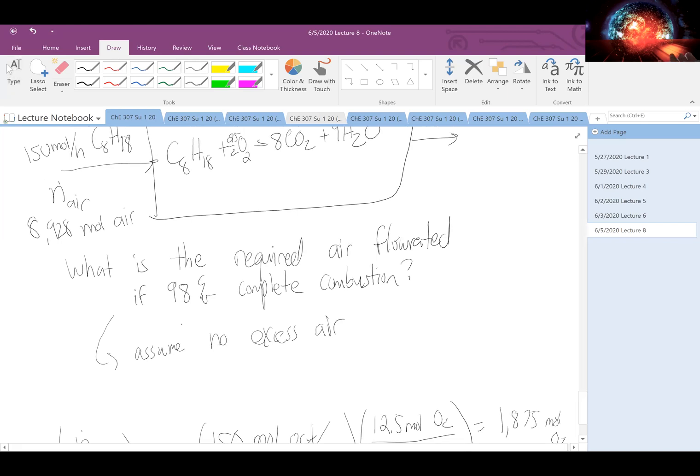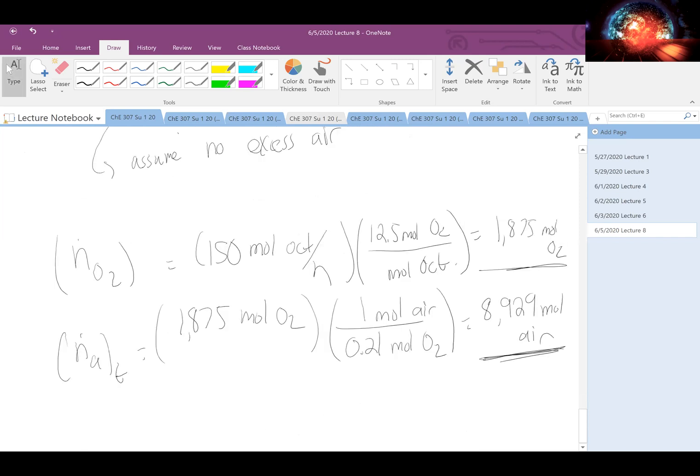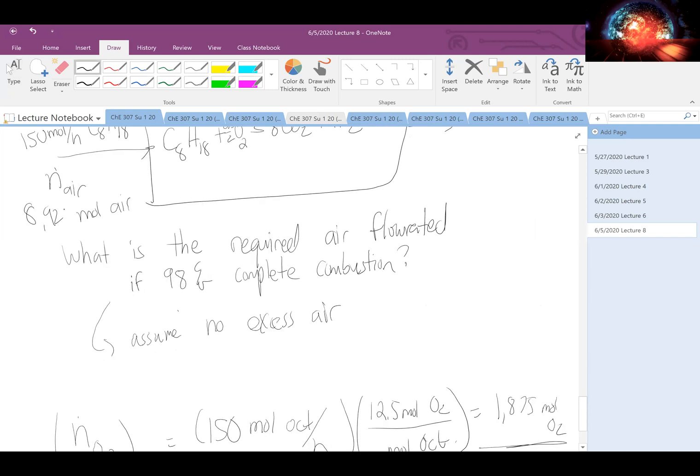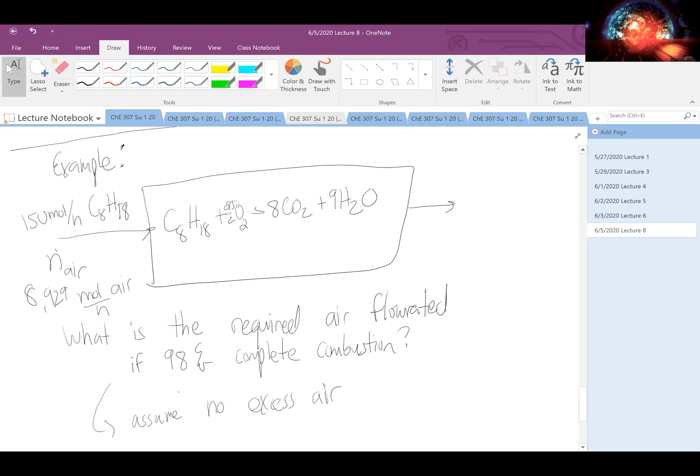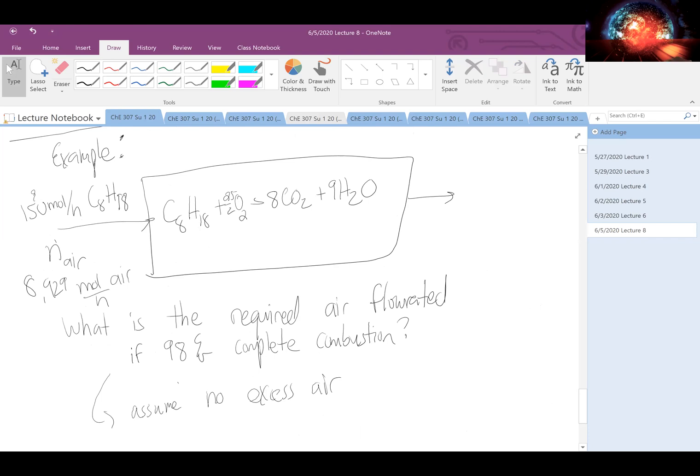If I look at this 8,929 moles per hour as compared to the octane 150 moles per hour, that tells me that for this system, I only have about 1.6, 1.7, it's actually 1.65 mole percent of fuel in my stream, which is extremely low.